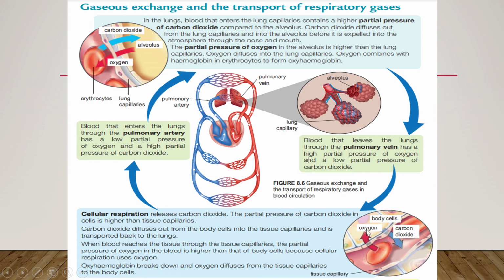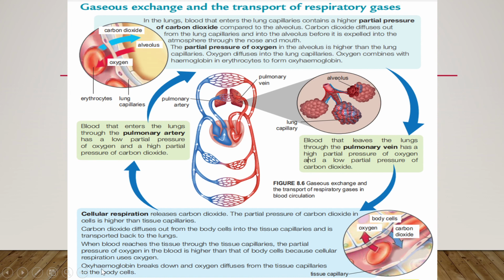Since oxygen is used, the body cells will have a lower partial pressure of oxygen compared to the tissue capillary. This will cause the oxygen to diffuse out of the tissue capillary into the body cells.